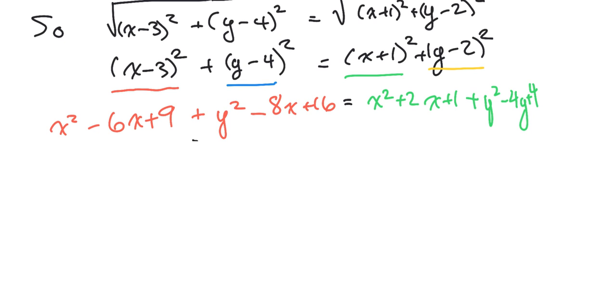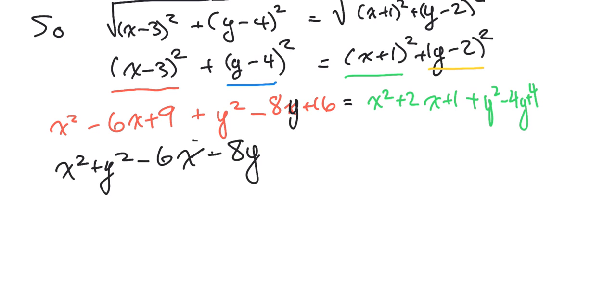Okay, so now let's collect all the like terms on the left side. So I got x squared and I got y squared, right? I got minus 6x and I got, oh, there's a y here. I apologize. Change this to a y. I got minus 6x minus 8y.